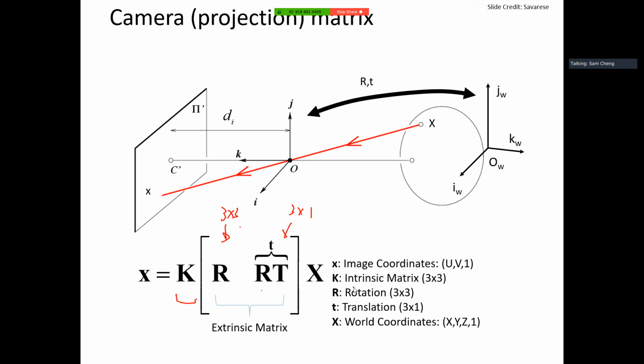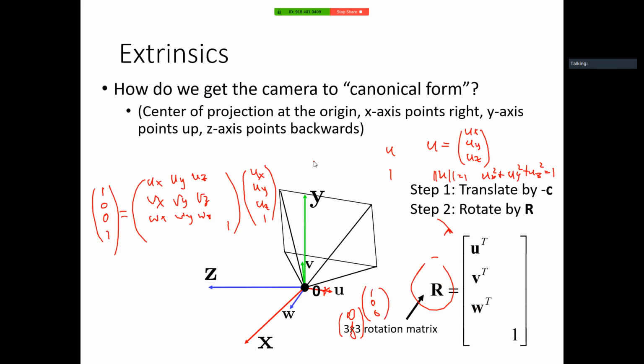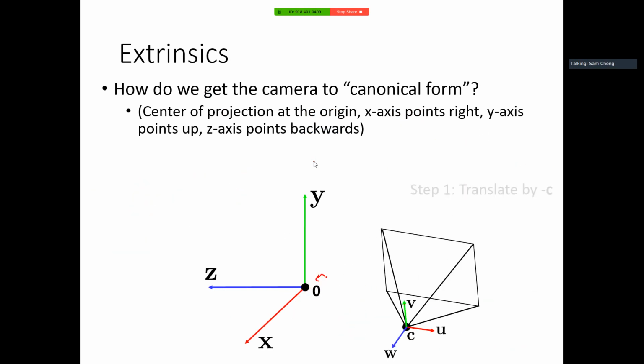So if my original world coordinate, oh sorry, this is the camera coordinate. Let's say I have this original camera coordinate and world coordinate aligned with each other.